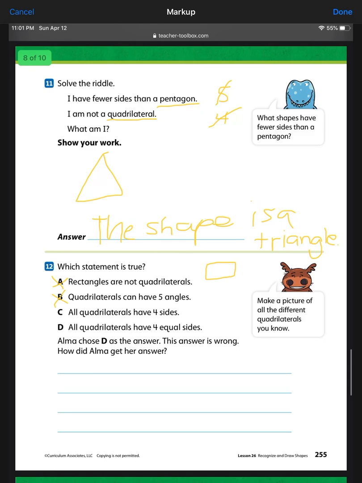Let's look at the next one. C. All quadrilaterals have 4 sides? Yes, we know that's true. They have 4 sides and 4 angles. Let's read D just to make sure. D. All quadrilaterals have 4 equal sides. Now, in a quadrilateral, our sides do not have to be equal. So that is not true. So we know the answer is C. It's our best answer.